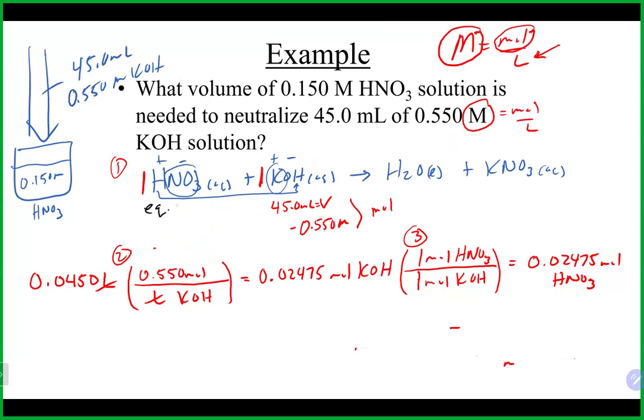To reach the equivalence point of a titration. And you started with, we'll go with 55 milliliters of nitric acid.